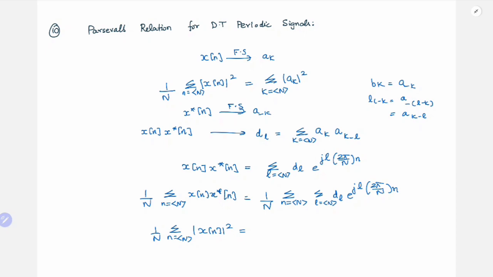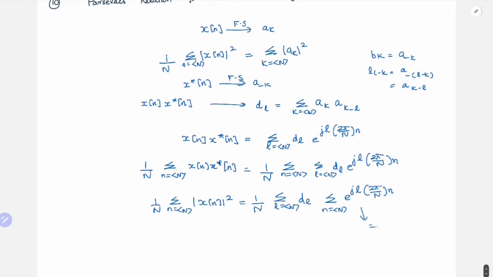And if I take this summation over n inside, what will I get? Summation over l in N of dl, summation n in N of e power jl into 2 pi over N into n. Now this summation is equal to N for l equal to 0, or plus minus N and so on, and is equal to 0 otherwise.